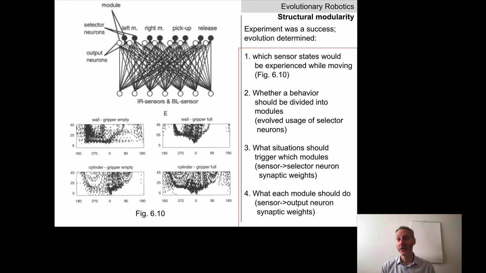All right, so just to conclude, this experiment was a success in the sense that evolution proved that modularity is useful, and evolution should be in charge of determining how to carve up the task. In the case of the E network, what exactly did the evolutionary algorithm figure out? It figured out which sensor states would be experienced while moving.